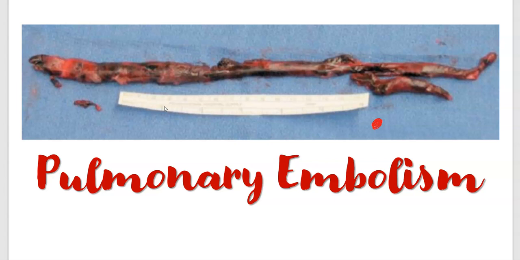Ganyan kahaba yung embolus natin sa ating pulmonary arteries or pulmonary veins for that matter. Okay? This is not a laughing matter because hindi yung clot na ganito lang. No. Ganito kahaba, guys. Ganito kahaba ang ating embolus. Okay? So this is your pulmonary embolism.